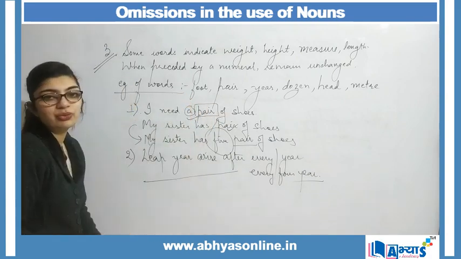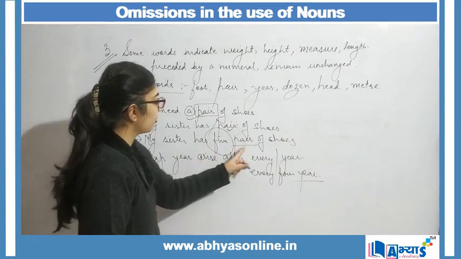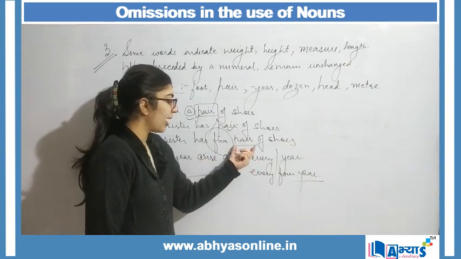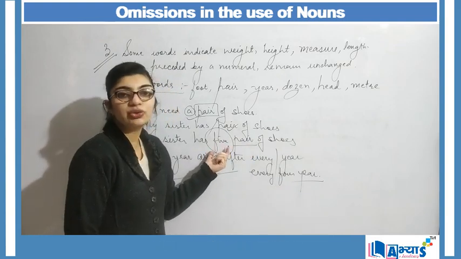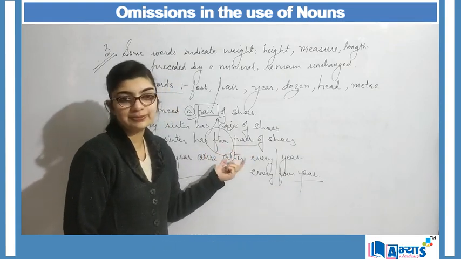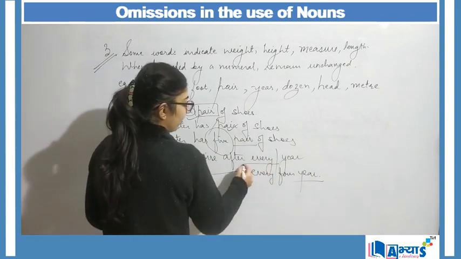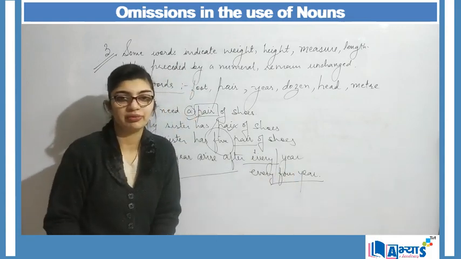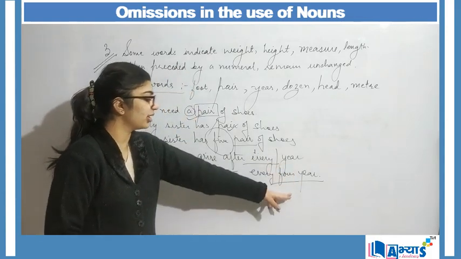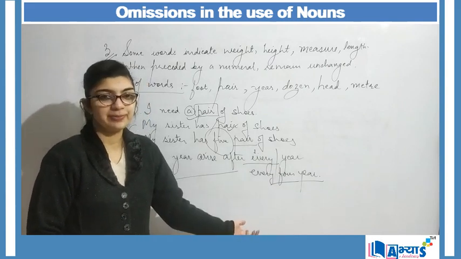Because we are talking about a single pair. Here I am talking about 5 pair. So here I am not deciding according to the word pair. Here I am deciding according to the number which is preceded over here. Here also every means 1 and 4 means 4, right? So again year over here has been described by the number which precedes the year.